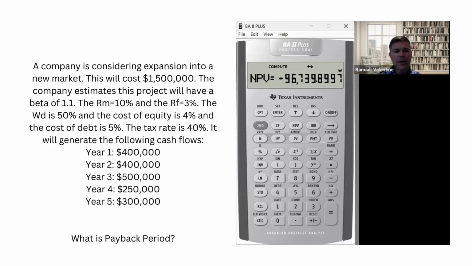So let's go on and do the NPV using WACC. Keep in mind, if we go to the cash flows, we don't have to re-enter these because they're the exact same. Cash flows did not change.